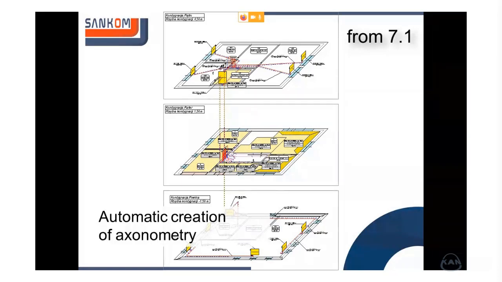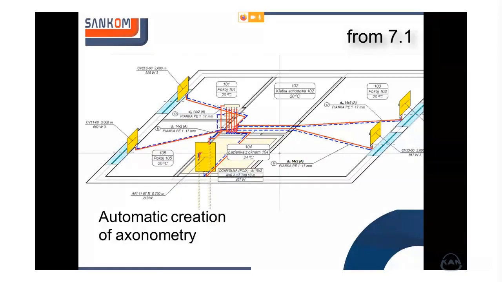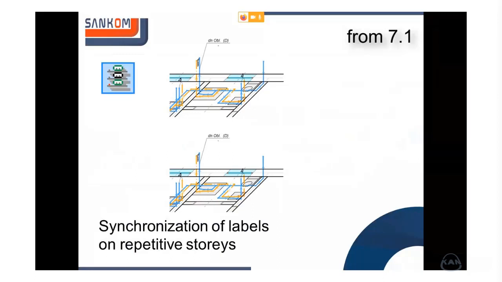We only have to add the labels if we wish to have the labels attached to pipes, radiators, fan coils, etc. And then you can see the axonometry of just one story. The feature that is pretty important, though it seems pretty small one, it's synchronization of labels on repetitive stories.